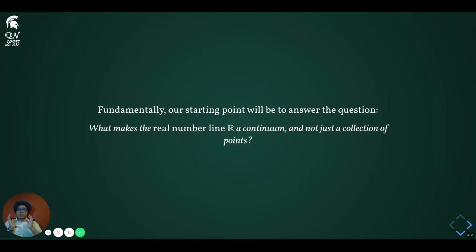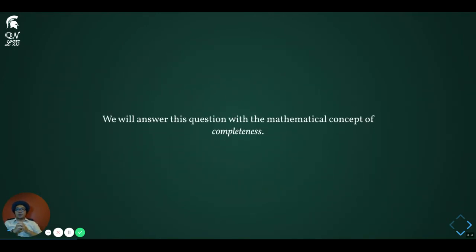If you've read Euclid's geometry, you will see that it is assumed that a line is made out of individual points, but no mention is made of how the points are glued together. We will be answering this question through a mathematical concept called completeness.